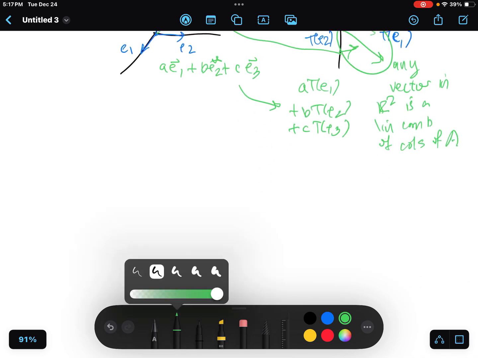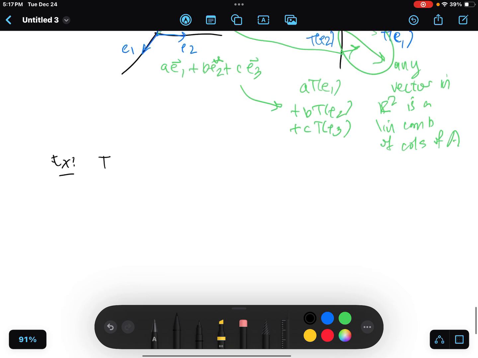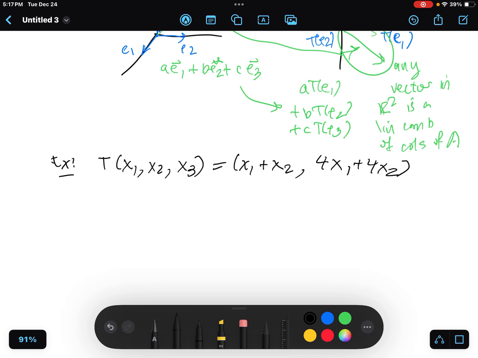Okay, let's do another example. So let's say that you have T of x1, x2, x3 equals x1 plus x2, 4x1 plus 4x2. So this is again a transformation from R3 to R2, and so my matrix A is going to be 2 by 3.